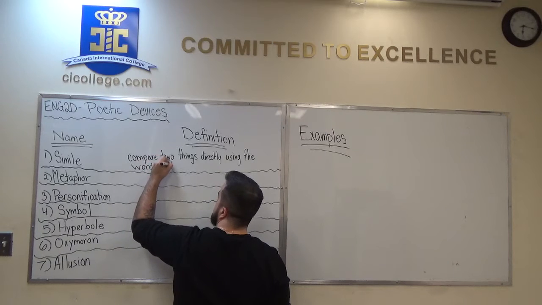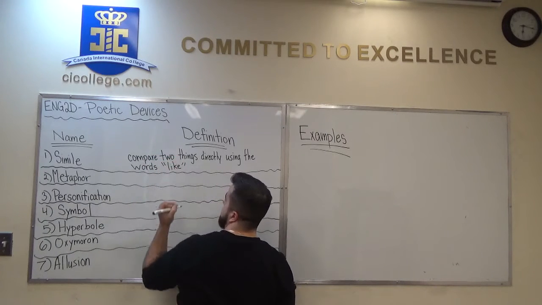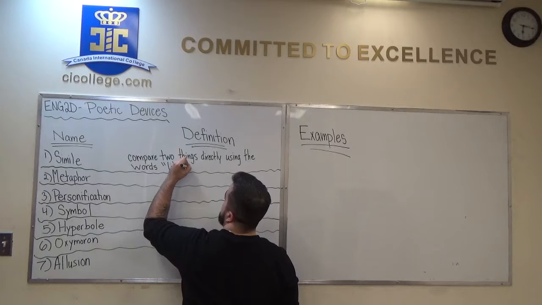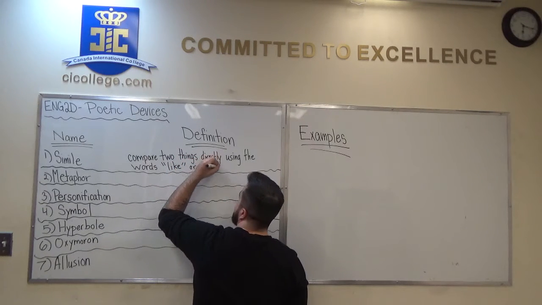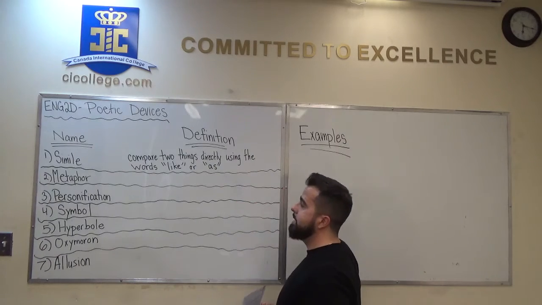Like is one word you'll see in a simile, and the other one is as. That's how you know that it is a simile.